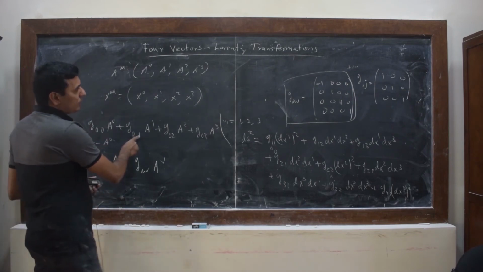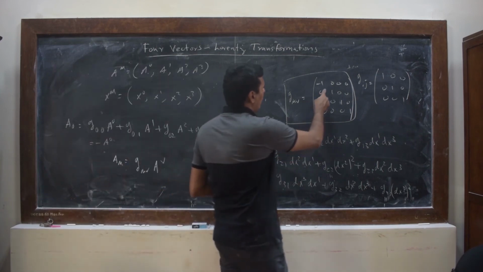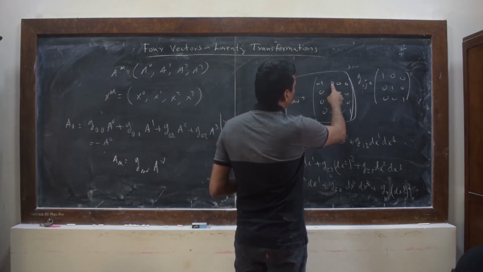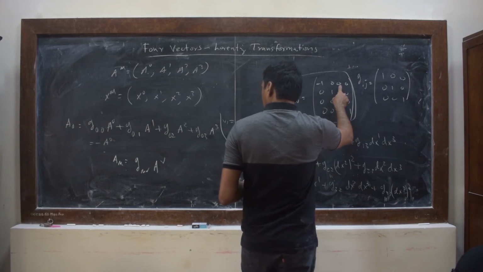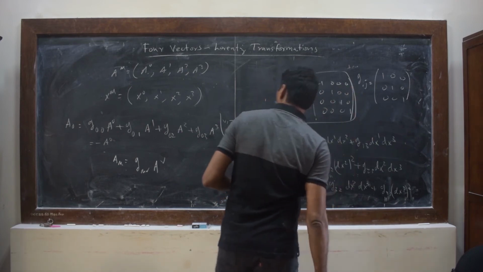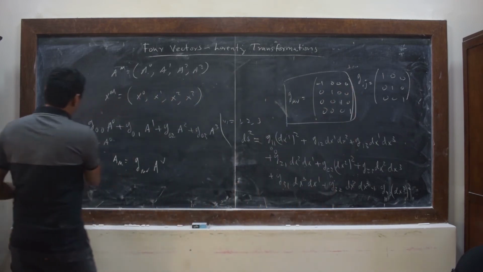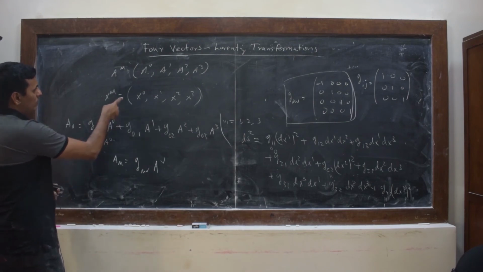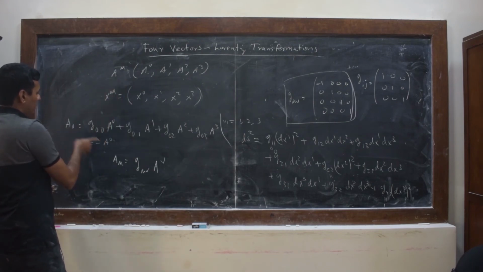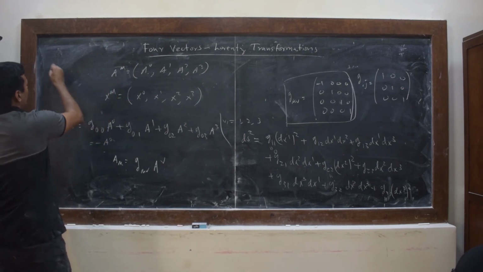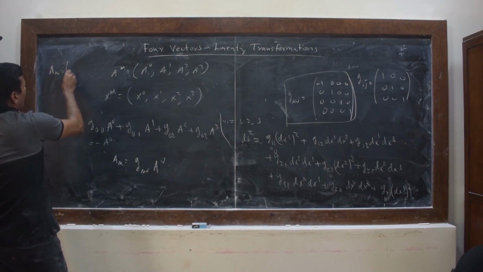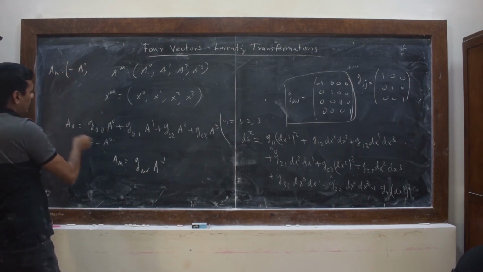What is G01? G01 is 0, G02 is 0, and G03 is also 0. So you get A_0 as minus A0, which is what I already told you. If you look at A_μ, the first component will be minus A0.